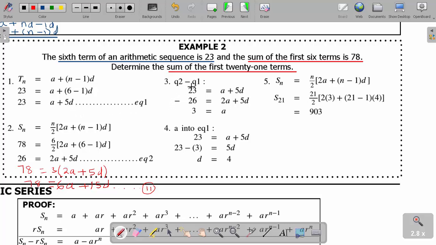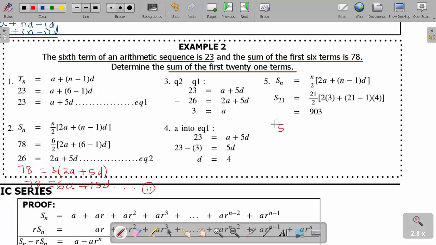So if I say equation 2 minus equation 1, I'm going to say 78 minus 23, what do you get? What is 8 minus 3? I get 5. What about 7 minus 2? I get 5 as well.